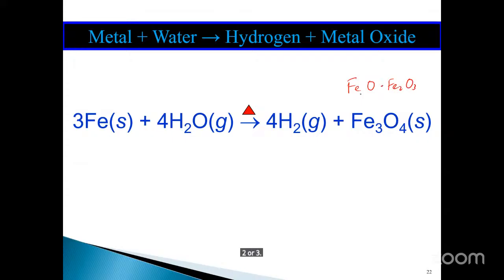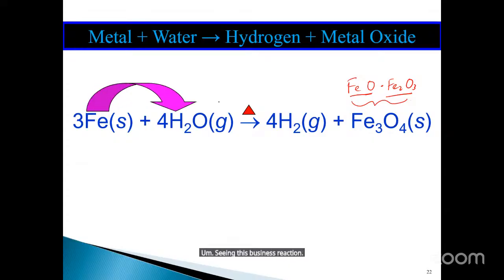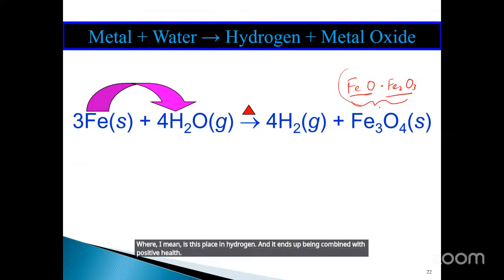It's kind of unusual, but there's a strong association between these two compounds to form this one entity. But in any case, this is another example of a single displacement reaction where iron is displacing hydrogen and it ends up being combined with oxygen in the form of these two compounds together.